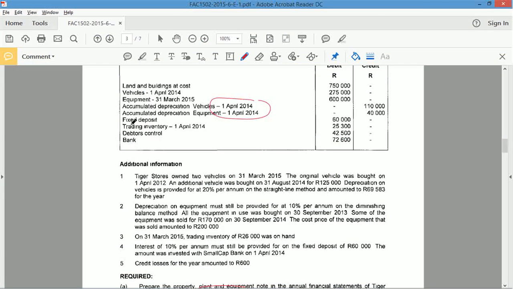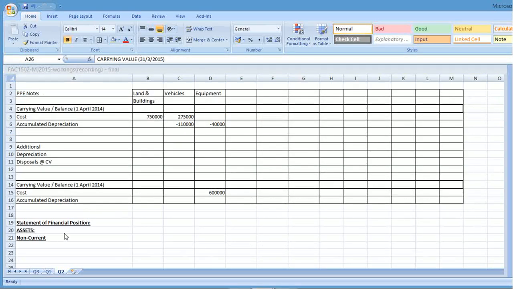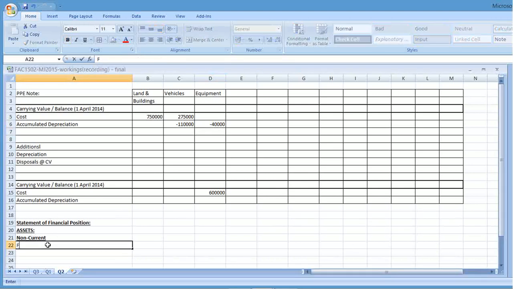Then we've got a fixed deposit. A fixed deposit is a non-current asset. That's going to go through to your statement of financial position. So let's get to the statement of financial position. And we also need to record it at 60,000.